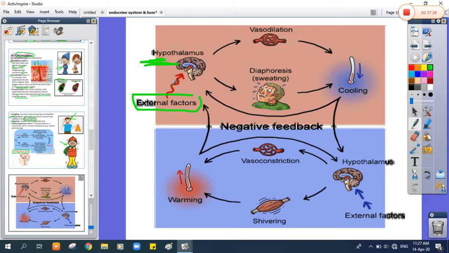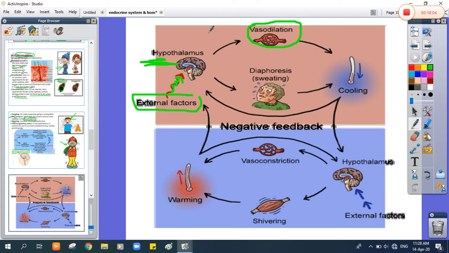is first the neurons, the sensory neurons, send the impulse by this arrow into the what? Into the brain. Which part in the brain? In the hypothalamus. Okay. So here the external factor makes your body do vasodilation. Why vasodilation? Because the weather is hot.